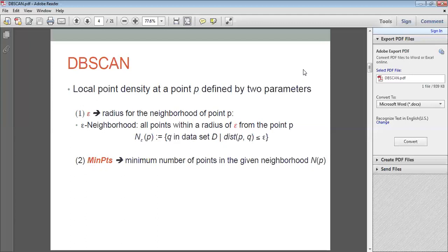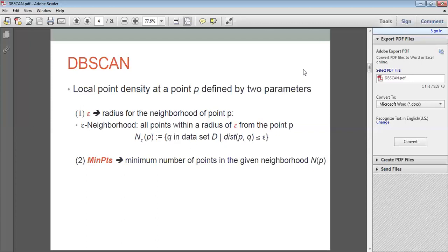Here we draw, taking P as the center, a circle of radius epsilon around P. The points lying in this region are called the epsilon neighborhood of that point. This is represented as N subscript epsilon of P, where Q in data D is such that the distance of PQ is less than epsilon.